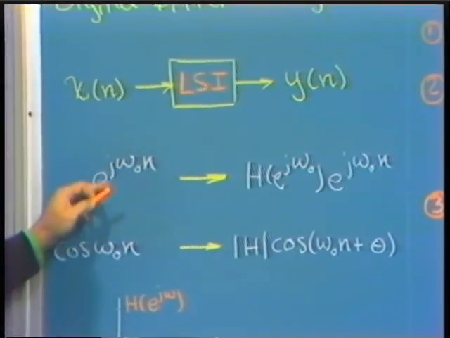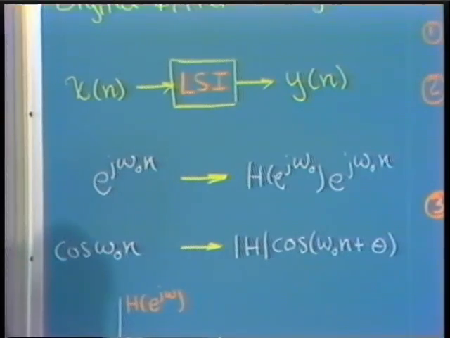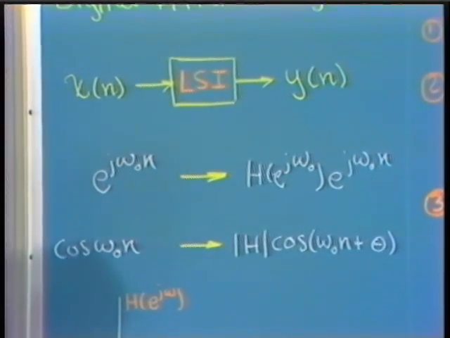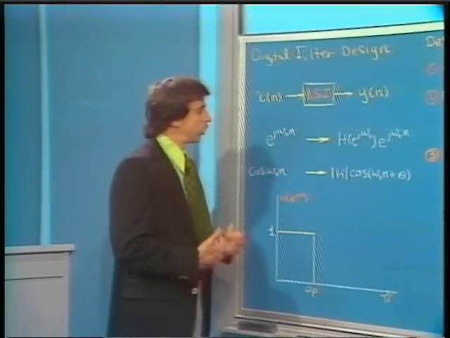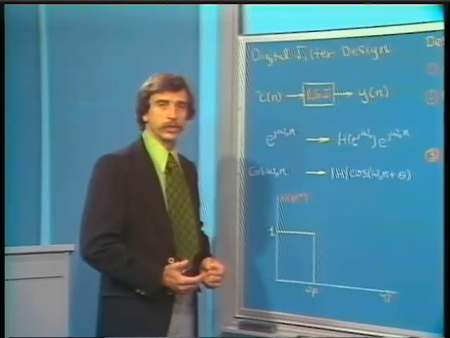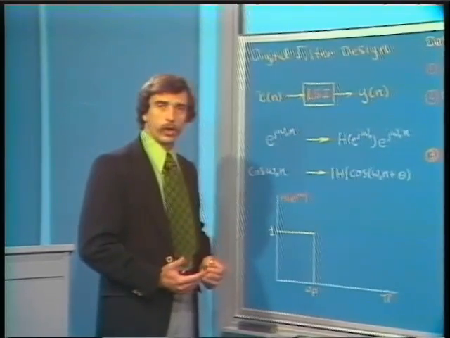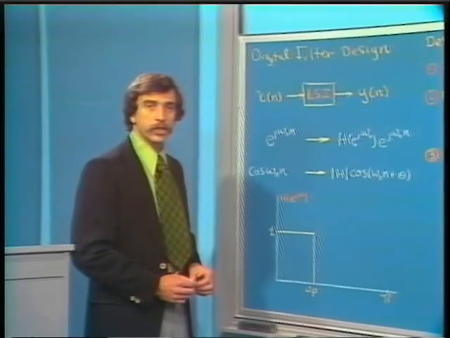Now, what this property of linear shift invariant systems permits us to consider is the separation of signals that have been added when these signals occupy different frequency bands. Specifically, we can consider a signal composed of the sum of two signals, one of which we want, the other of which we don't want or we would like to suppress.